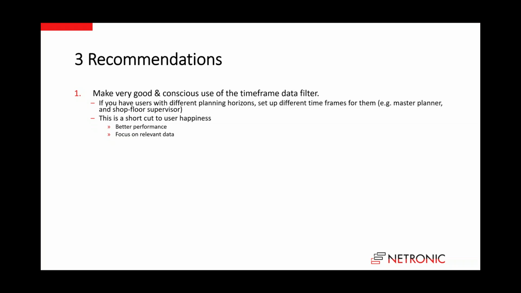But if you have users with different planning horizons, then set up different time frames for them. For example, if you have a master planner and a shop floor supervisor, their planning horizons are different. The master planner looks at the next couple of weeks or months, and the shop floor supervisor looks at today, tomorrow, and the day after tomorrow.